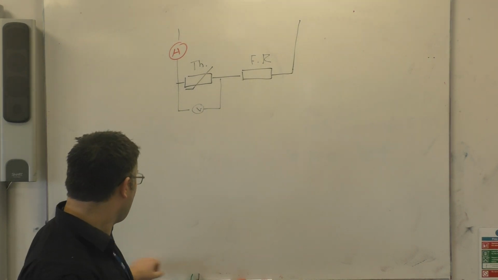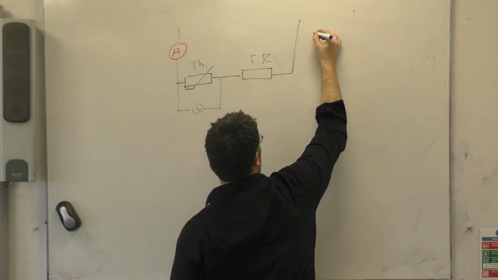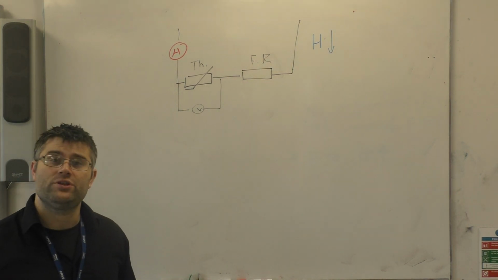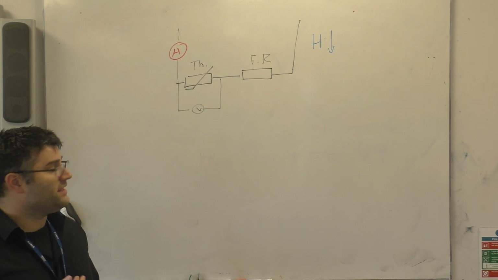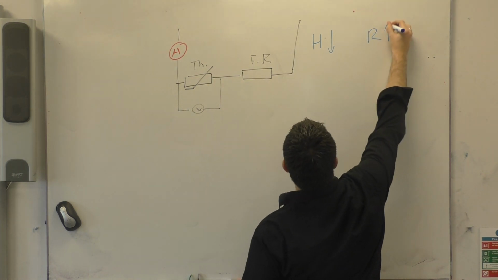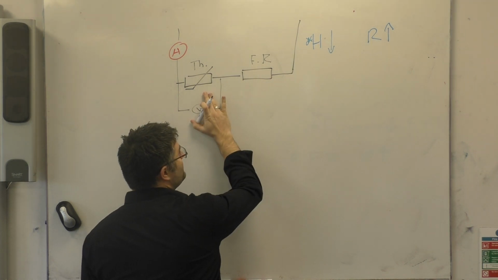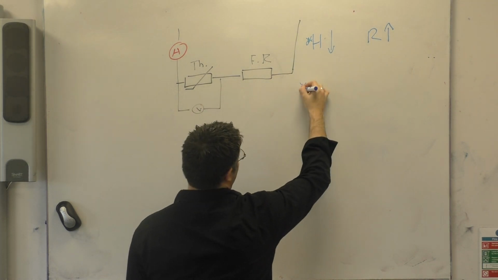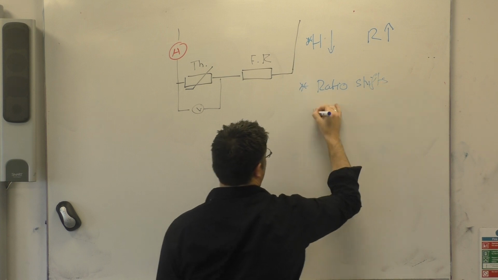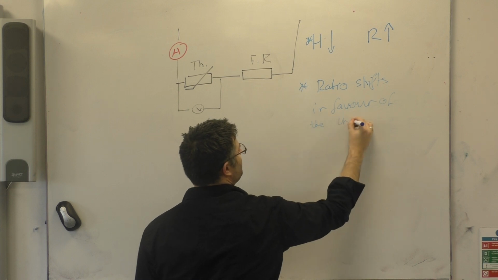How would we describe this when the temperature drops? If the temperature drops, the thermistor always acts in opposition, so we would expect the resistance to increase. If the resistance increases, the ratio shifts in favour of the thermistor.